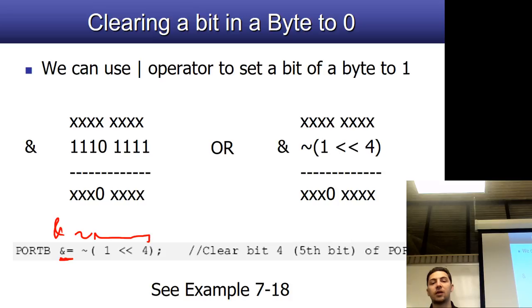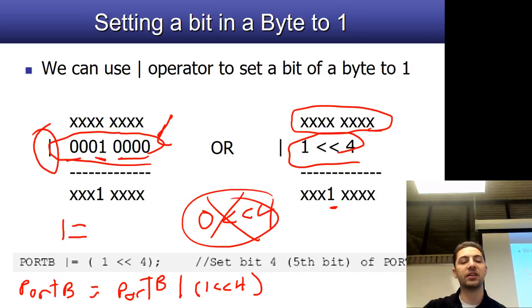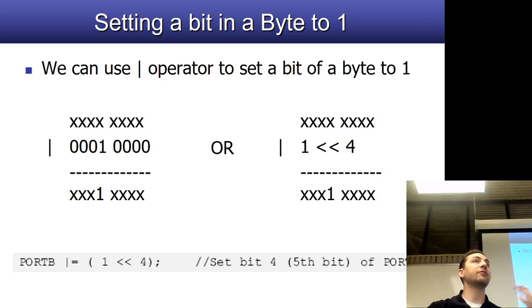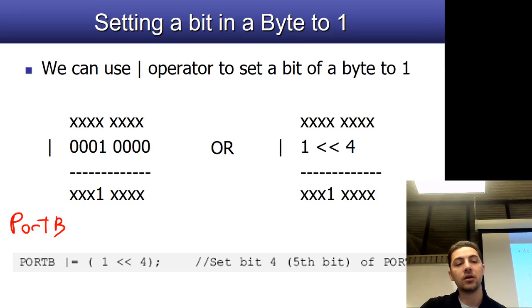Now this has some advantages in C, because let's say you wanted to set 2 bits to 0 or 2 bits to 1. Let's do setting 2 bits to 1 first. If I wanted to set 2 bits, maybe bit 4 and bit 6, I can do the following. Port B or equals 1 shifted left by 4 ORed with 1 shifted left by 6.